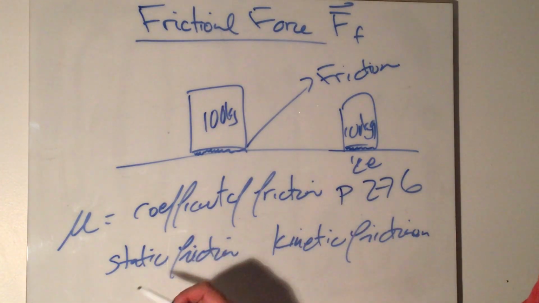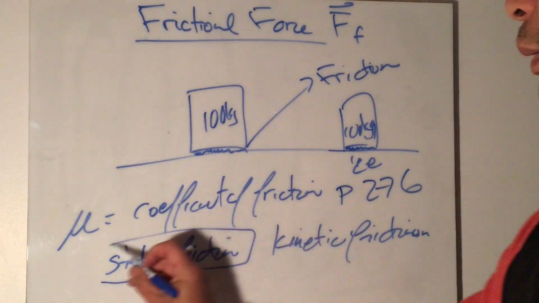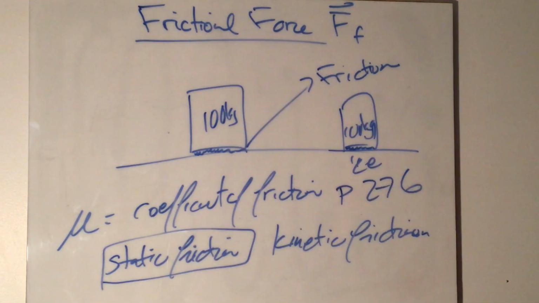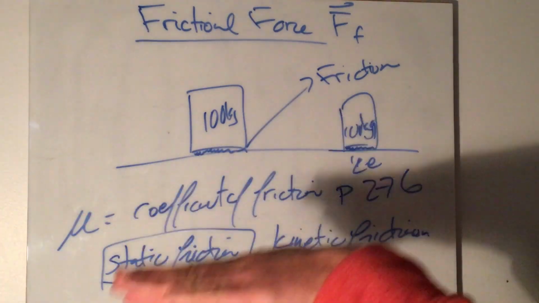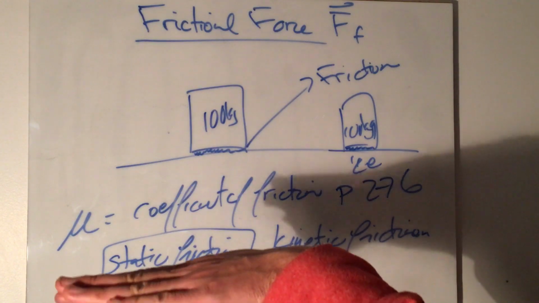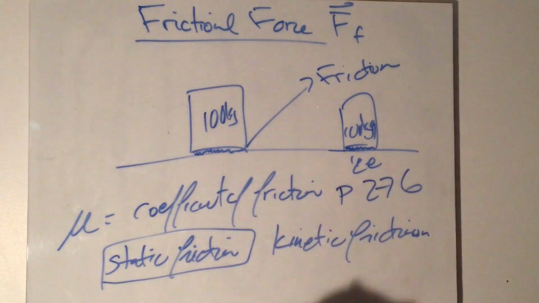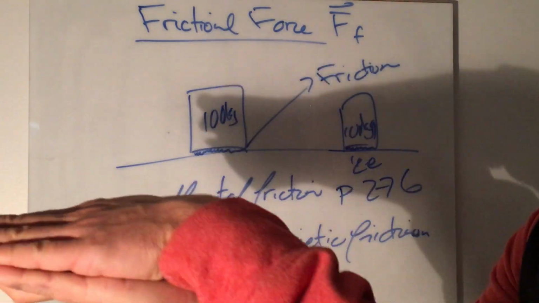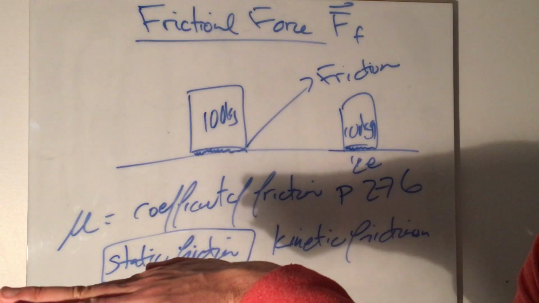So if it is staying at rest, if it's just sitting there, static friction exists between the two objects. In other words, it wants to stay in that spot. You have to put enough force into it to make it start moving from that spot. Okay, so that is called static friction. How much resistance you're getting to keep it in place.